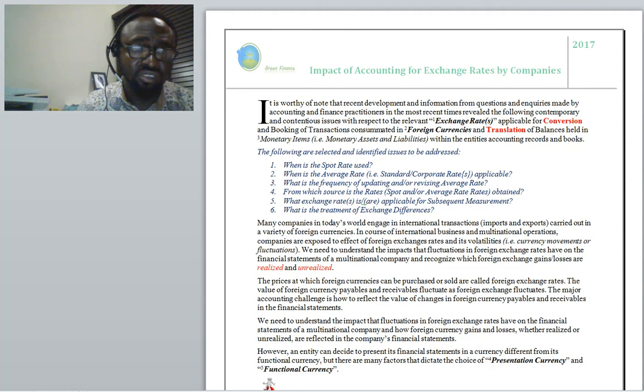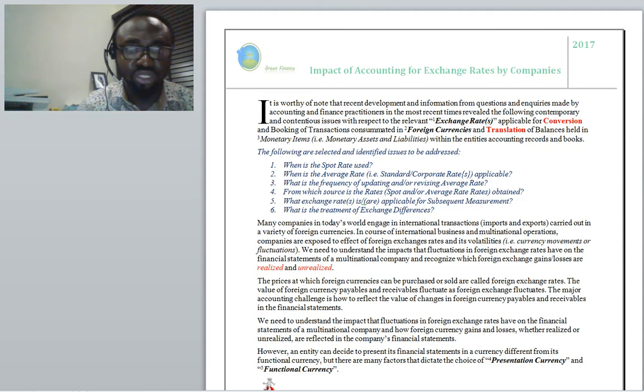The volatilities of foreign exchange rates are termed currency movements or fluctuations, which is experienced on the fact that currencies of the world are traded based on the price mechanism, the forces of demand and supply, or because most nations or most economies adopt fluctuating exchange rates, or what we call floating exchange rates.